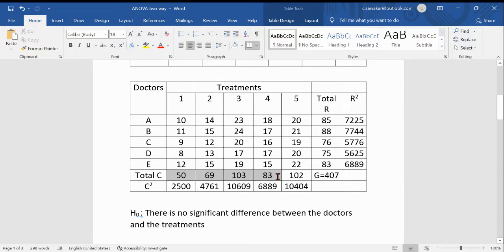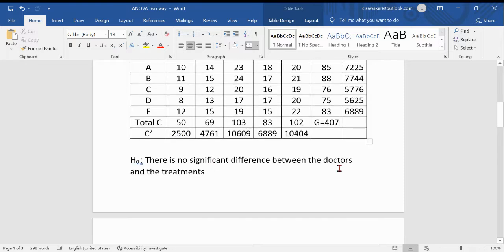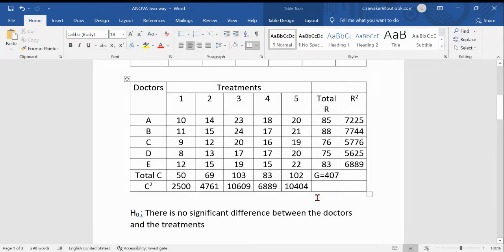Even if you check the column total, 50 plus 69 plus 103 plus 83 plus 102 also comes out to be 407. That is the main check in two-way ANOVA: the sum of all the columns should equal the sum of all the rows. That is taken as our capital G, the grand total. This is how the table has been formed.